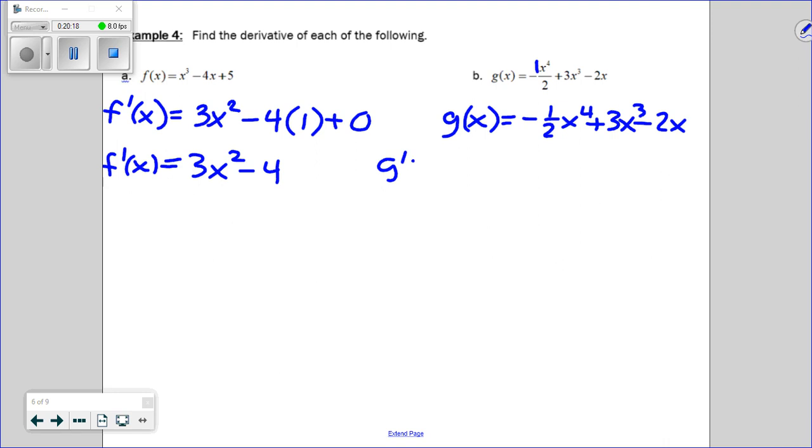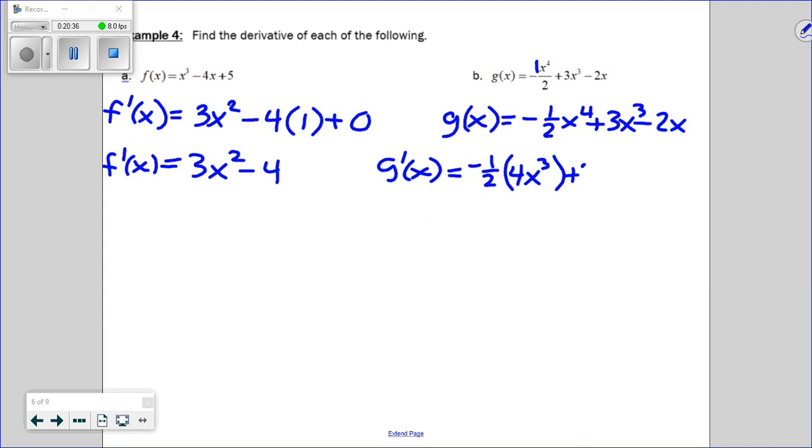Okay, so now to find the derivative. The derivative of negative 1/2 x to the fourth, well, negative 1/2 is a constant multiple, okay? And then times the derivative of x to the fourth using power rule is 4x cubed, okay?